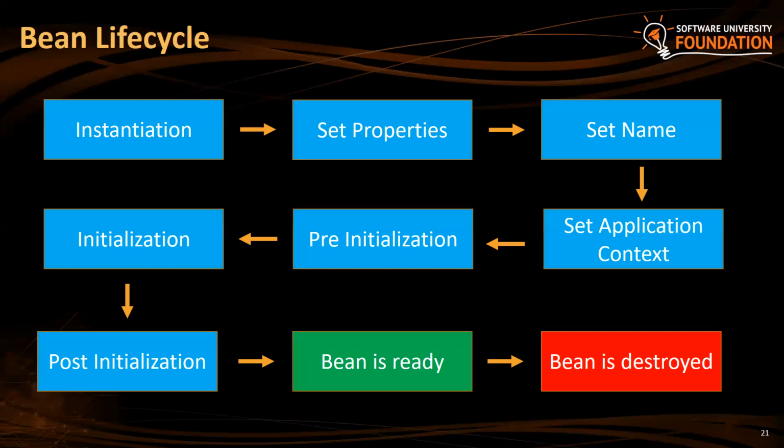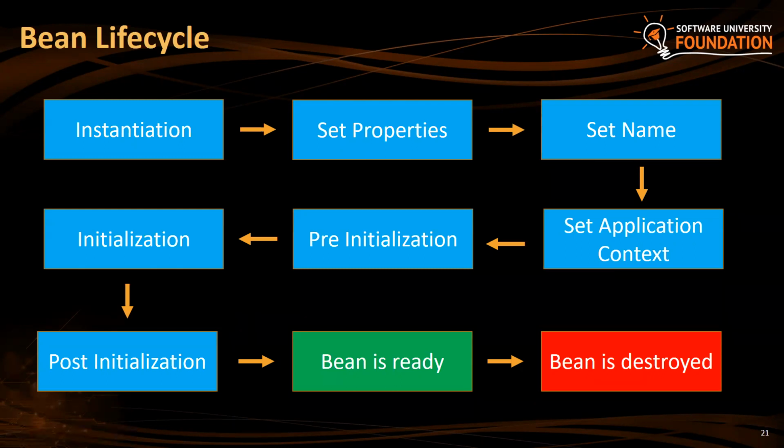If you see the life cycle, first instantiation happens, meaning the dummy object is created. The properties get set, then a name is set, and then the application context is set. Then pre-initialization means before the initialization, if I want to perform anything, it is carried out there. Then the actual initialization of the bean takes place.